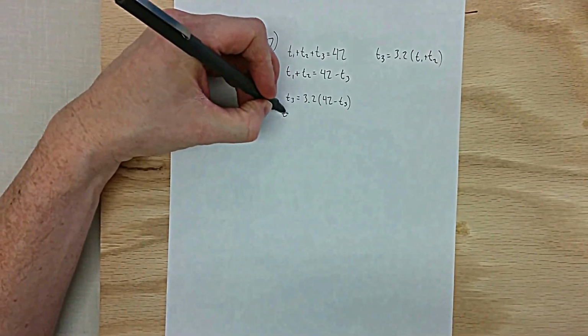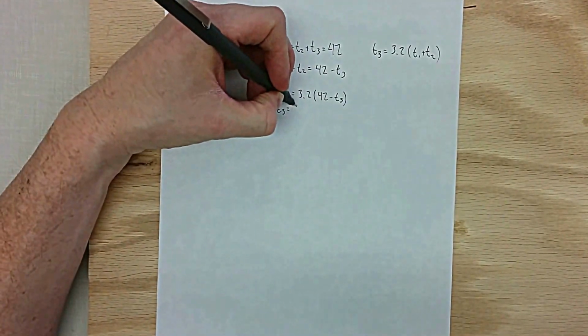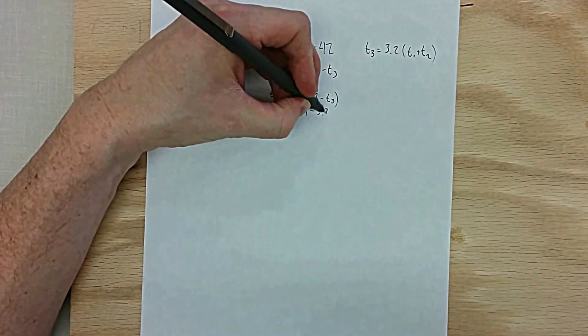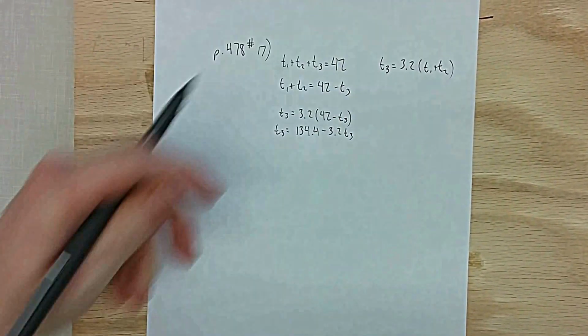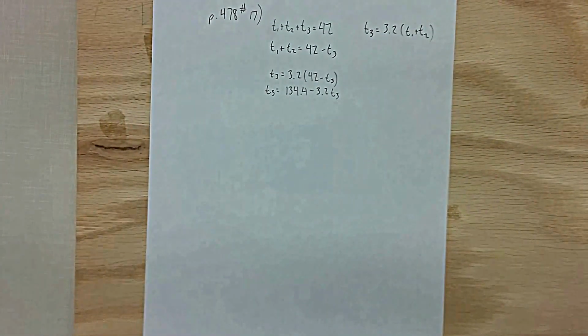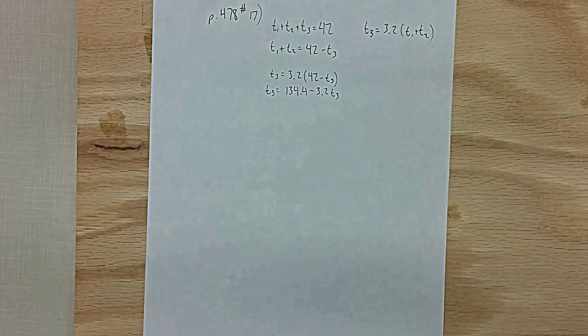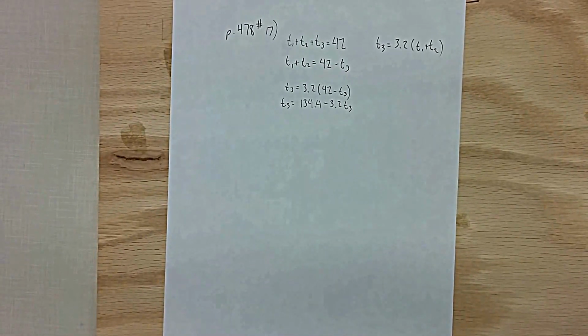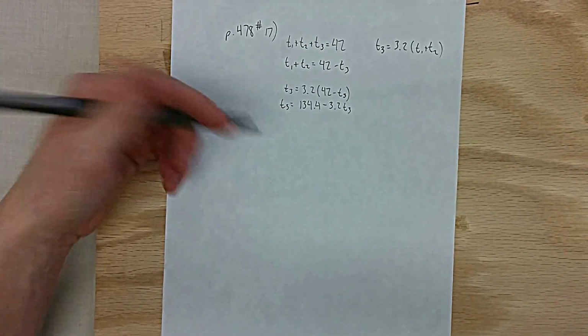So t3 is going to equal 134.4 minus 3.2 t3. I'm just going to double check my math on that before I do anything else. 3.2 times 42, 134.4. Okay, good.